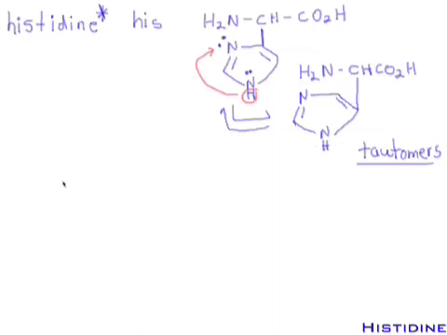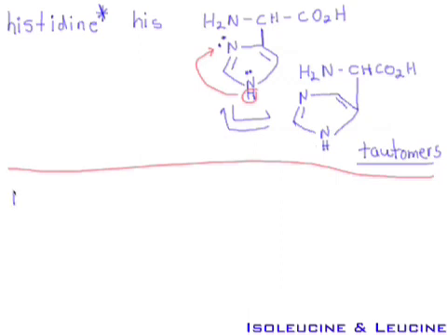Moving right along. After histidine comes isoleucine. Isoleucine is another essential amino acid that must be consumed in our diets.